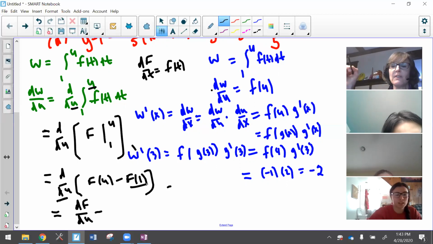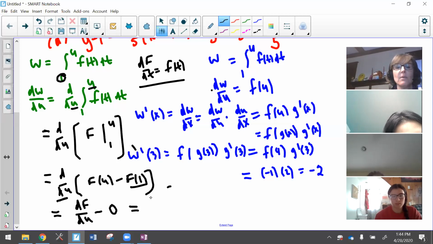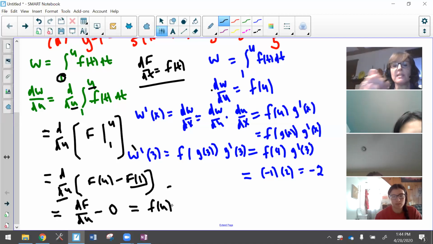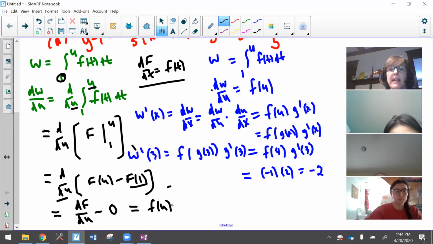And what's the derivative of a constant? 0. Yeah. So it doesn't really matter what my lower limit here is as long as it's a constant, because it's going to go away when I take the derivative. And so as I set up here, dF/dt or dF/du is going to be equal to f of t, or in this case f of u, because that's my variable.